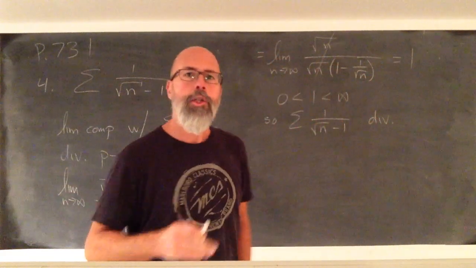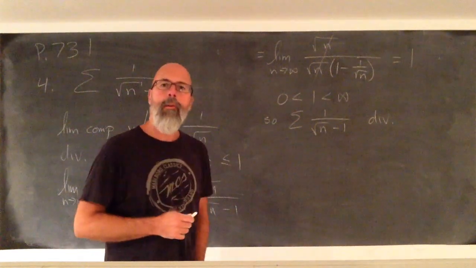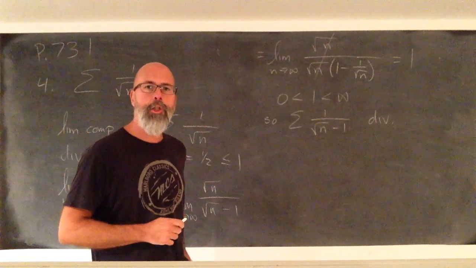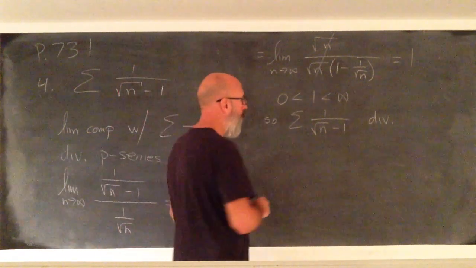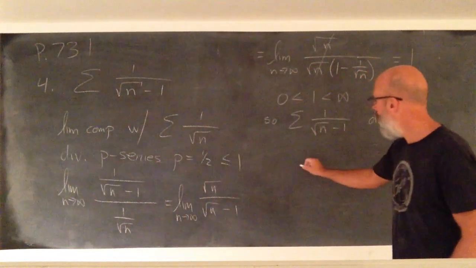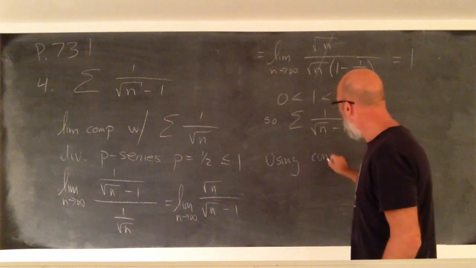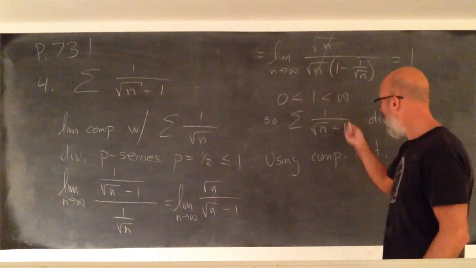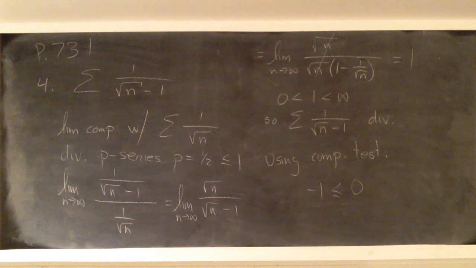Just for fun, shall we redo this question with the comparison test, where we have to establish an inequality? Let's do it. Using the comparison test, negative 1 is less than or equal to 0.